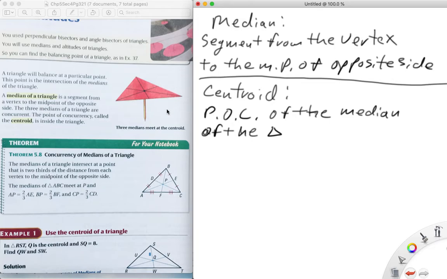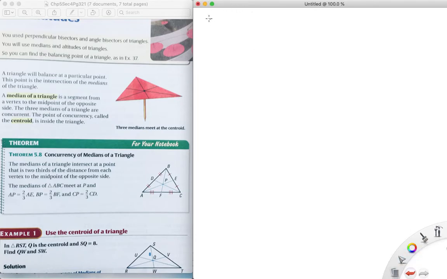Okay. Which leads us to theorem 5.8, which is the concurrency of medians of a triangle.